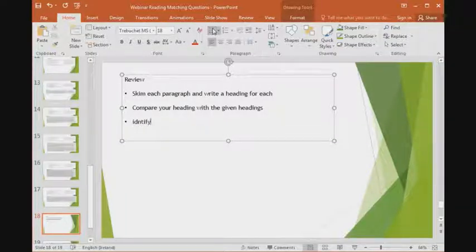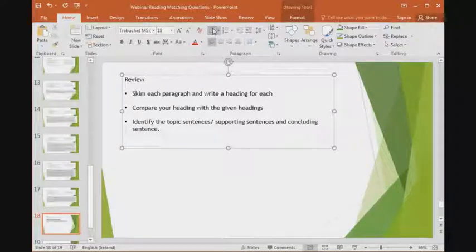And you can also identify the topic sentence, supporting sentences, and concluding sentence. So maybe, if you're doing this on paper, you could highlight the different ones.